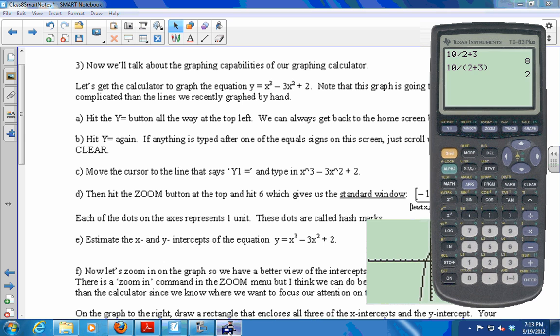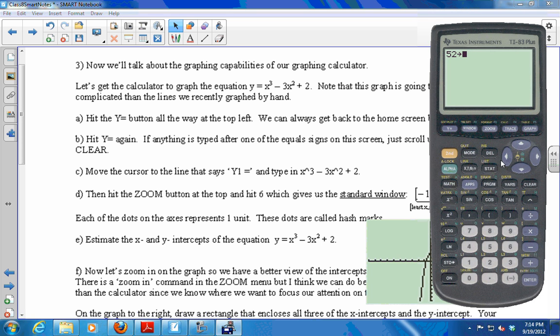To set something as x, let's say you want 52 to be x. You type in 52, and then you use this store button right here, STO, and you can store it as anything you want, any of the letters. You could store it as A. So to store it as A, you have to press the alpha button, because A is written in green or blue or whatever yours is.